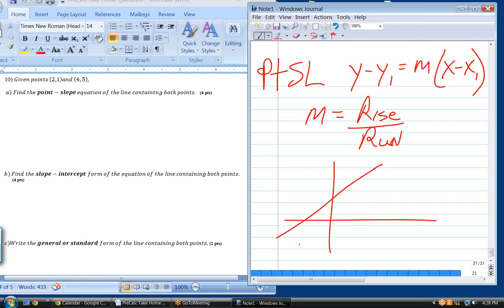If I have a line like that, the rise is that distance, which is the difference in the y-coordinates. I want to figure out the slope between those 2 points. I do the rise divided by the run. The run is that distance, which is the difference in the x-coordinates.